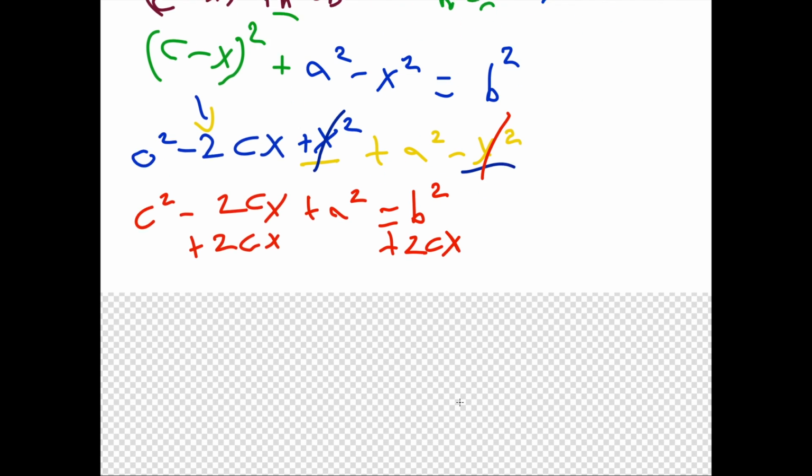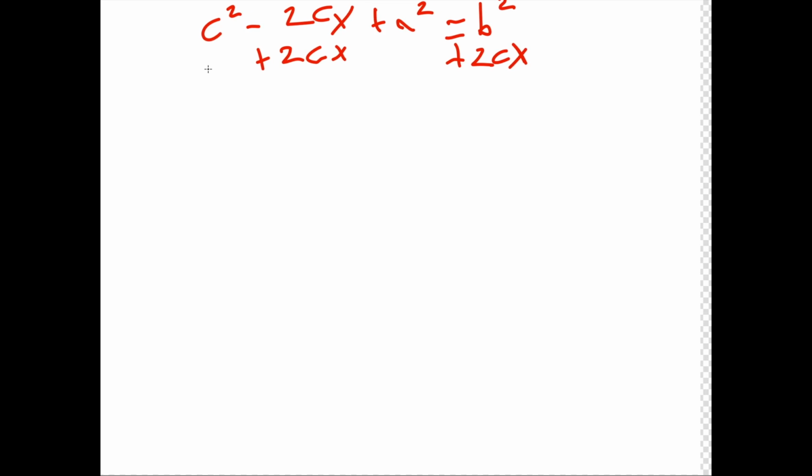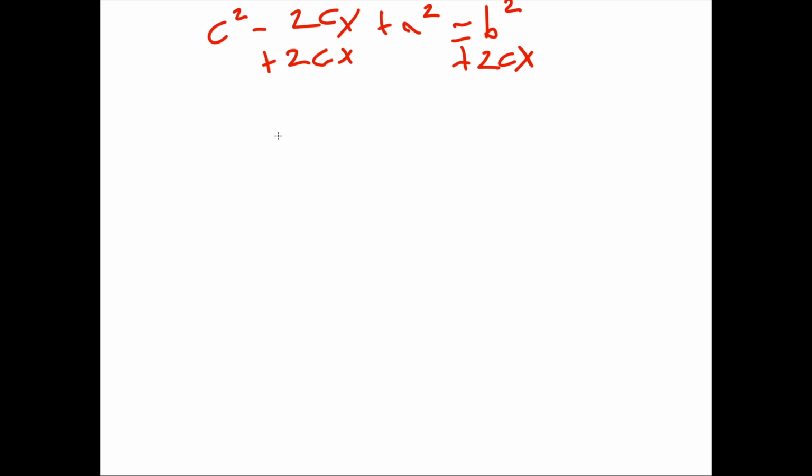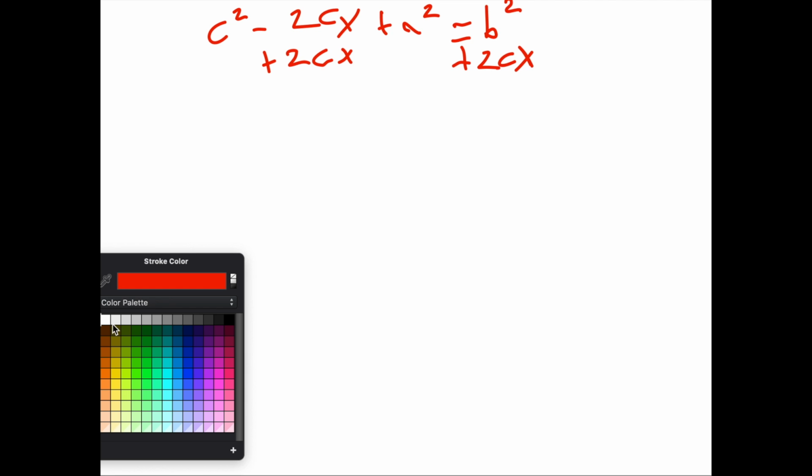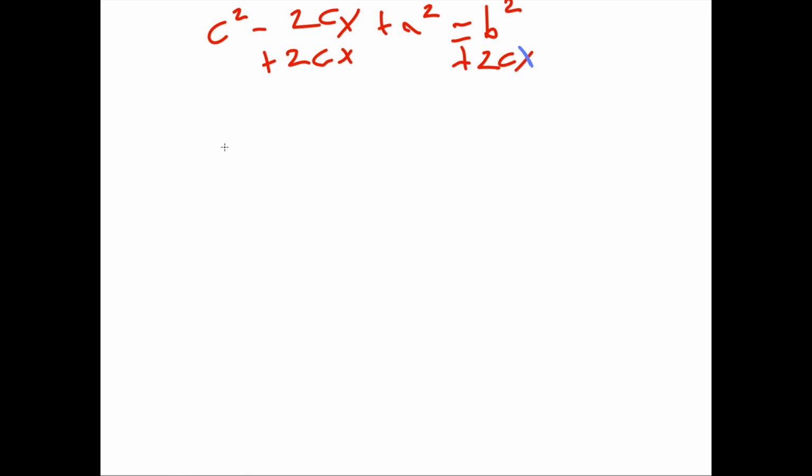Now, let's add 2cx to both sides. So c squared, since we got rid of the minus here, plus a squared equals b squared plus 2cx.